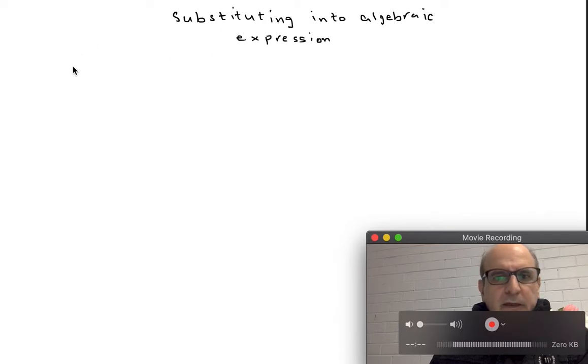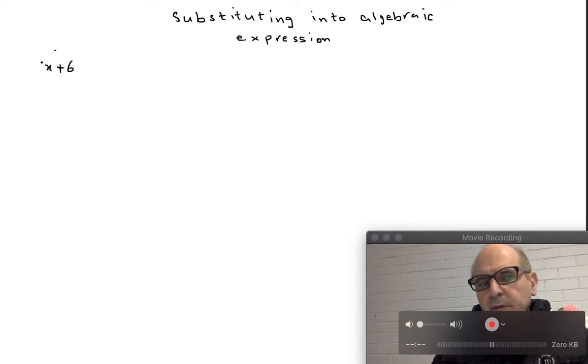So today we are discussing substitution into algebraic expressions. But what is an algebraic expression? An algebraic expression is any expression like x plus 6, where you have a letter and a number, either added or multiplied.